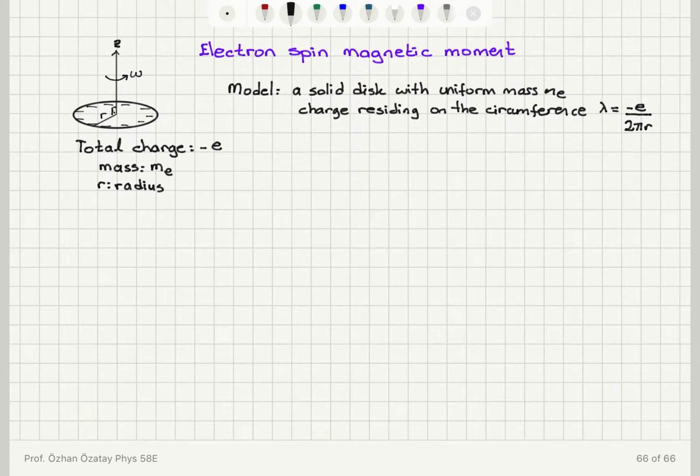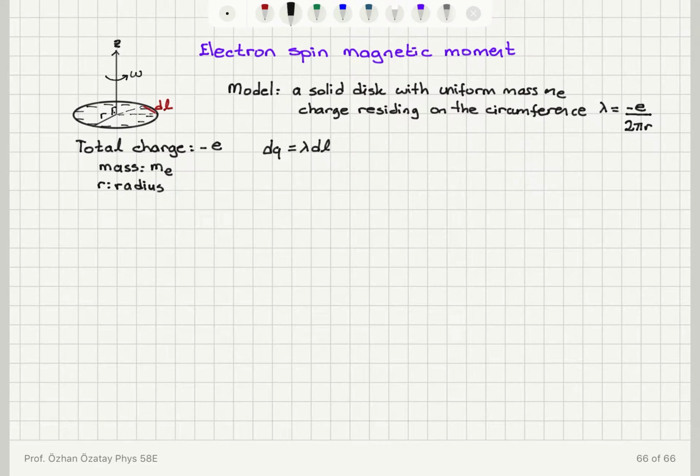Okay, so with this model now we have the charge that is going to be rotating, dq in a region dl. So if I look at a region dl here, I will see that this dq will be equal to lambda times dl, the arc length.